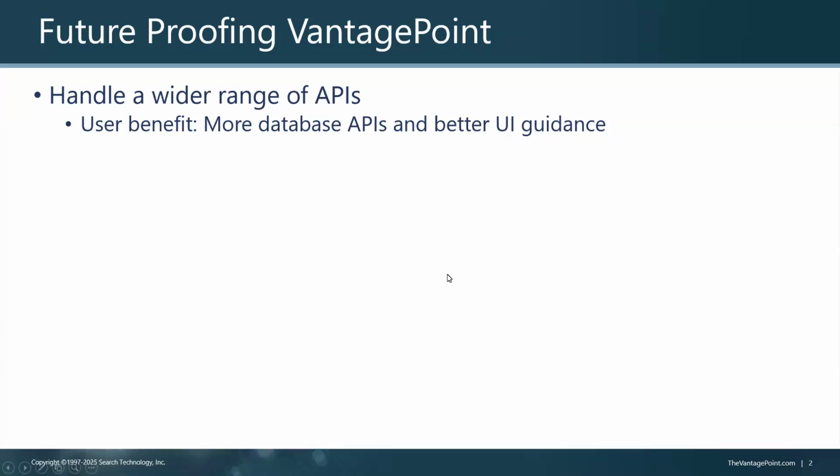Also, when you target or decide which API to use, we are trying to give you guidance as to which field is the right field to search to make sure that you can pull in the data from whatever source that you're targeting.